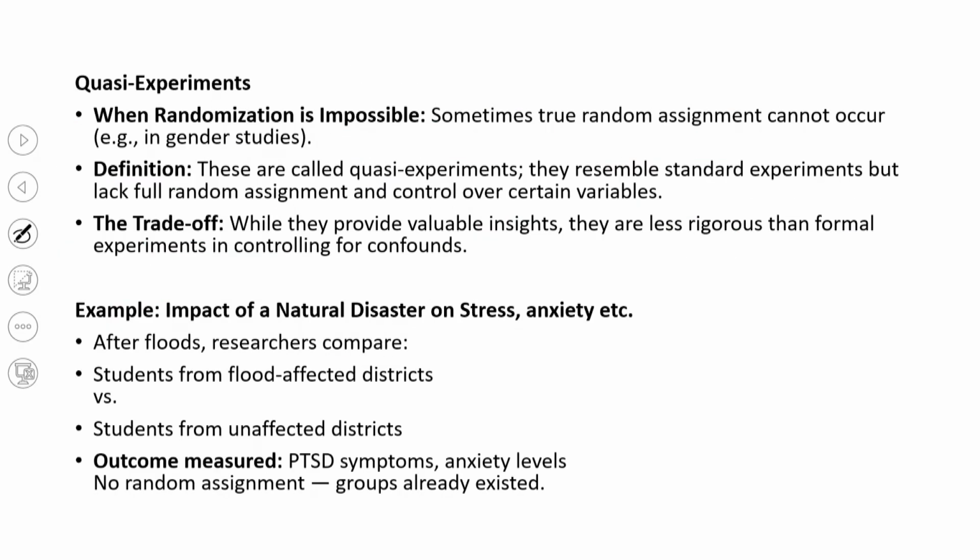Some experiments are also called quasi experiments, when random assignment of participants is not possible, simply because these groups are already there; you cannot break them and change them. All the other conditions of an experiment are there, but you cannot randomly assign who will go to which group. For example, if you want to see the impact of a natural disaster on stress and anxiety, let us say after a flood, the researcher compares students from flood-affected districts versus students from unaffected districts.